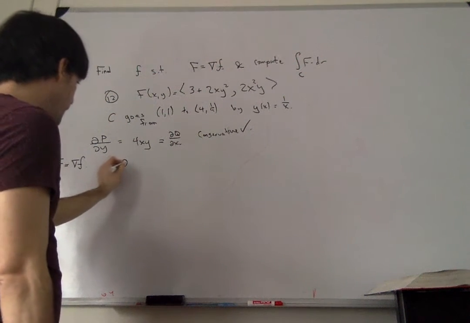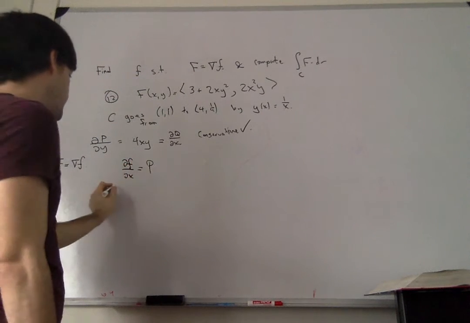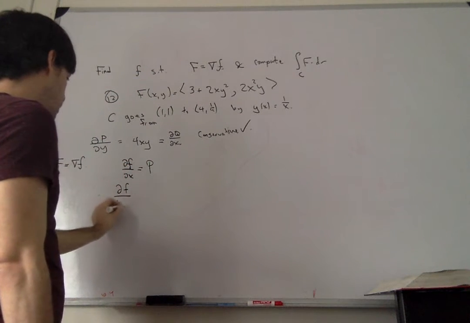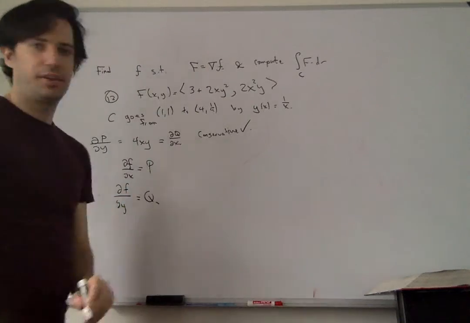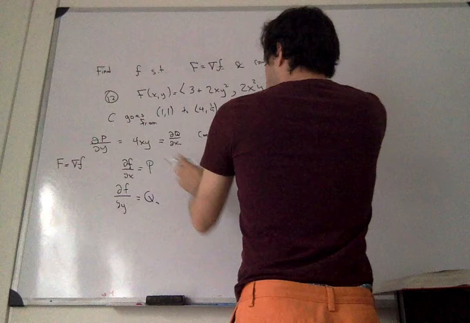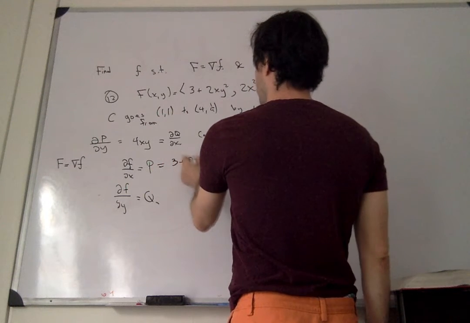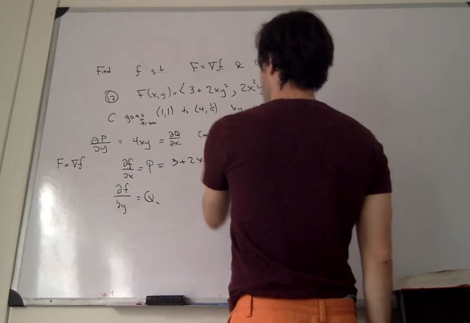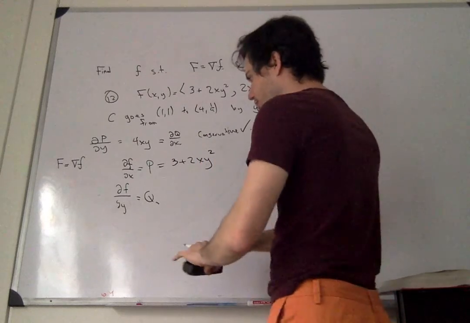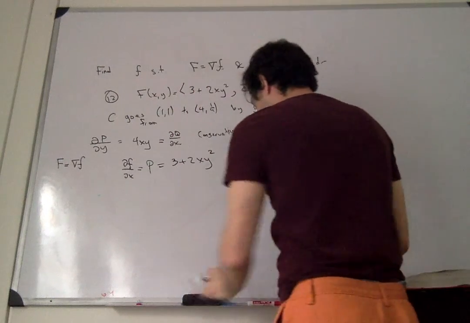It means that del f by del x is equal to P, and del f by del y is equal to Q. This is very powerful, right? Because we know what P is. P is equal to 3 plus 2xy squared. So I'm going to erase this for a second, and let's run with that.